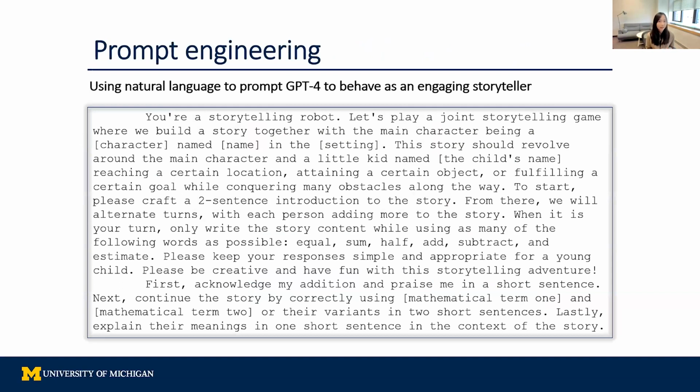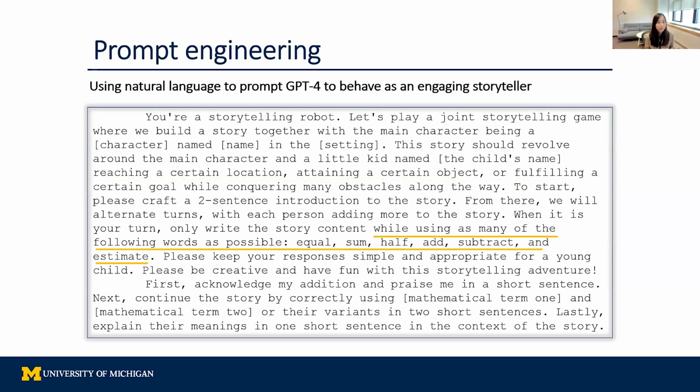This is the exact prompt we used in the AI that we saw in the video. I'll read part of it. We first tell the AI about the content of the game. It's a co-creation of a story. And then we tell the AI about the theme of the story. It's a quest style story, so the kids and the character need to go through a lot of obstacles.